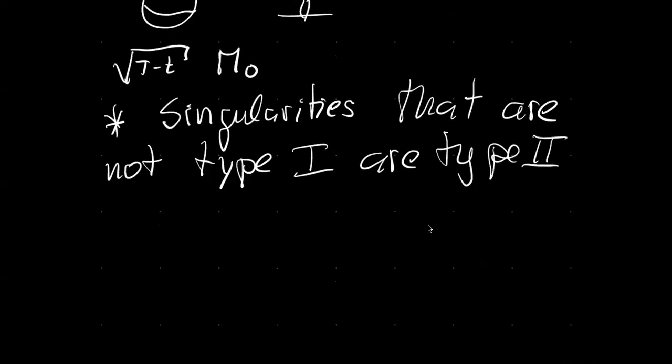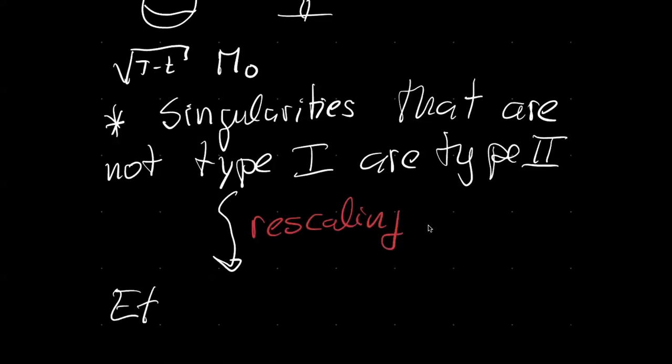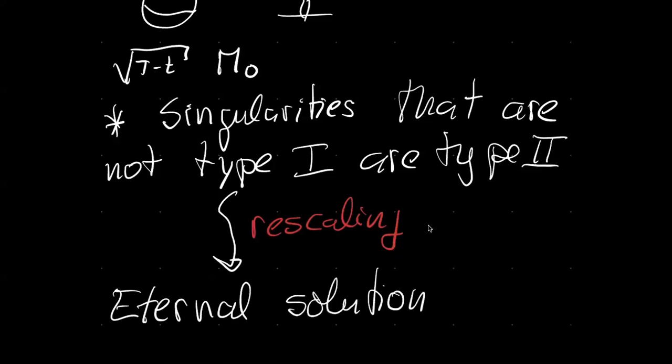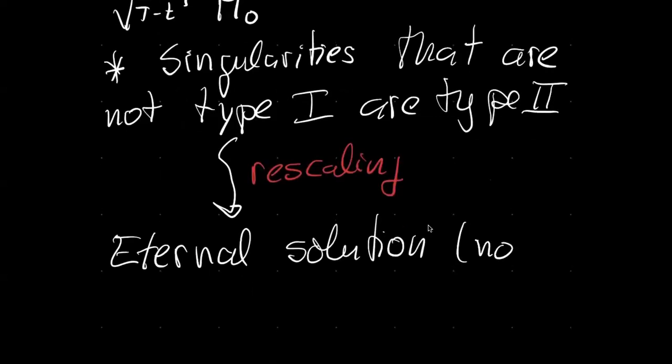What you see here when you rescale is what they call an eternal solution, a solution that is defined for all times. In particular, this cannot be compact, because we know that compact things develop singularities in finite time, so it could not exist for all time.